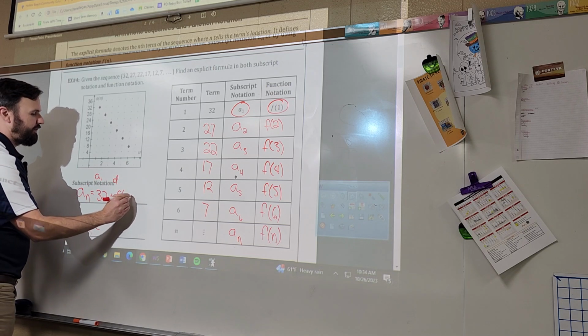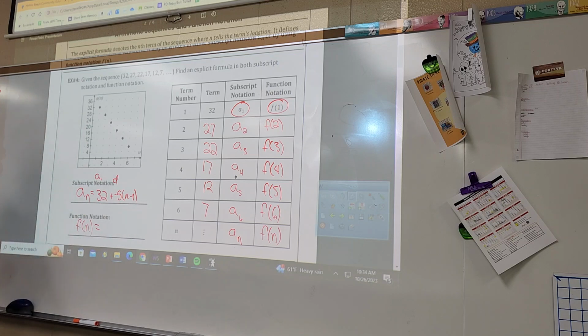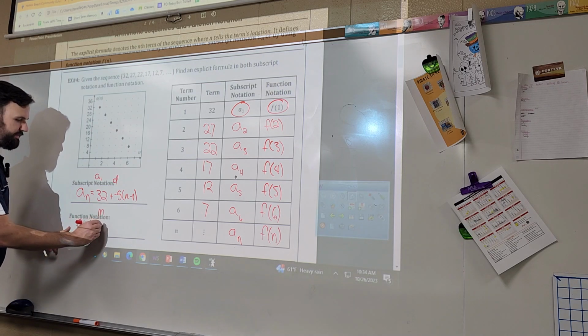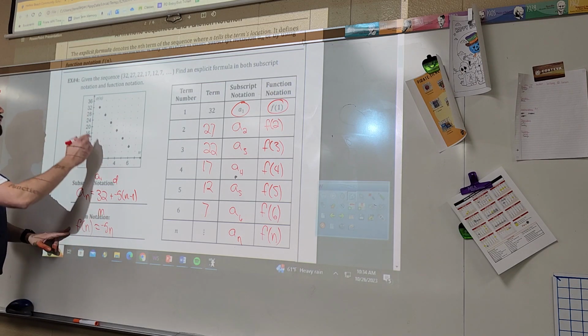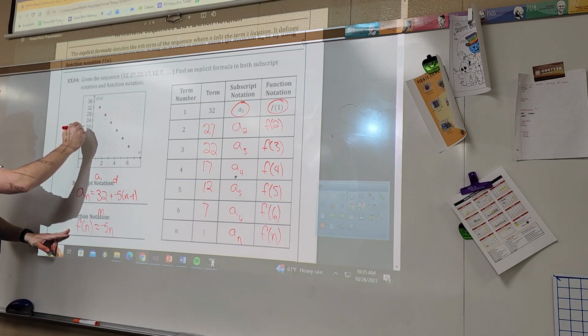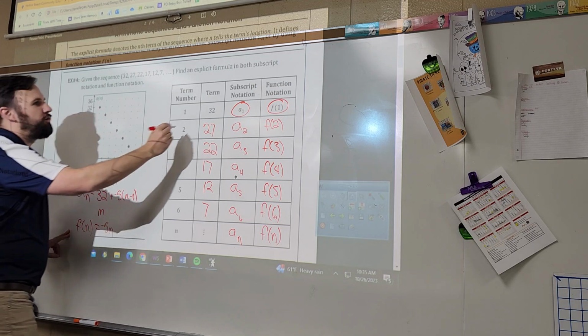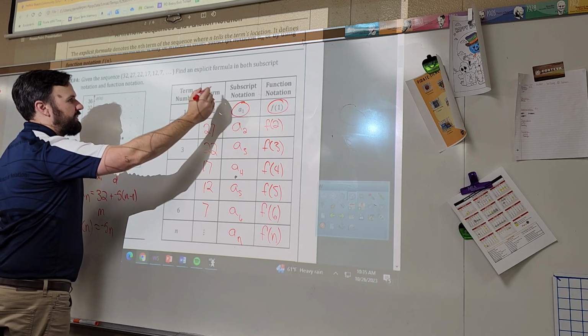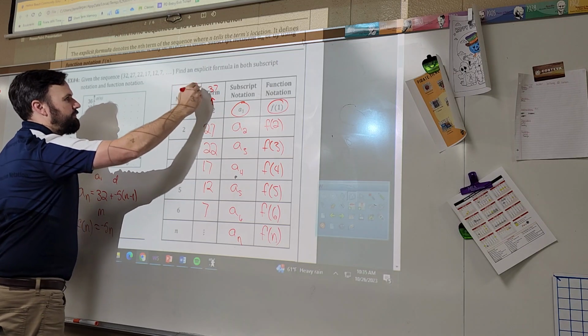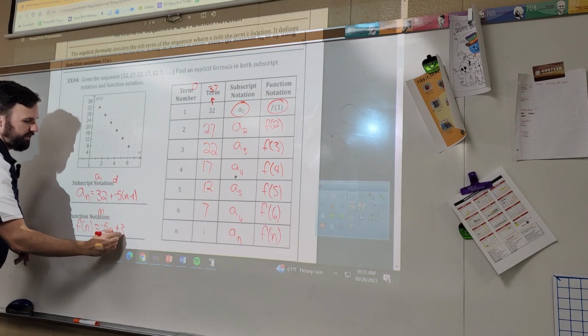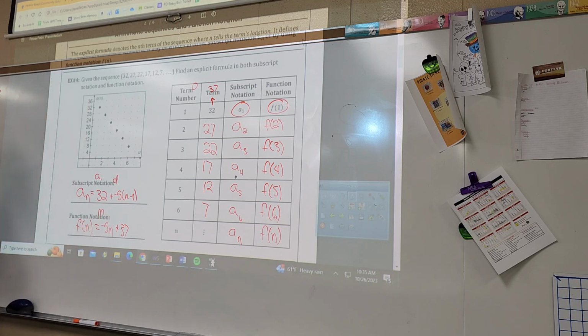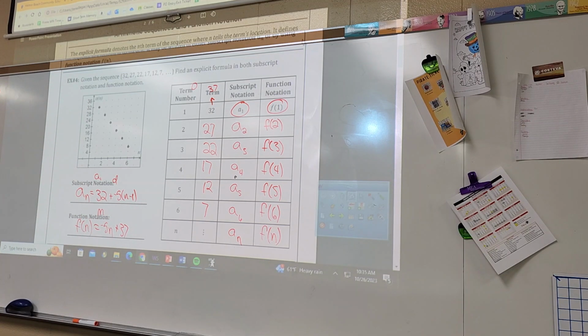And then it's n minus 1, right? Now, how can I do this f of n? I need a slope. What's my slope? -5. Now, what's my y-intercept going to be? If I go backwards, what would my next term be? It'd be 37. Could you also solve that to get the same thing? Yeah, but that was fewer steps, right?